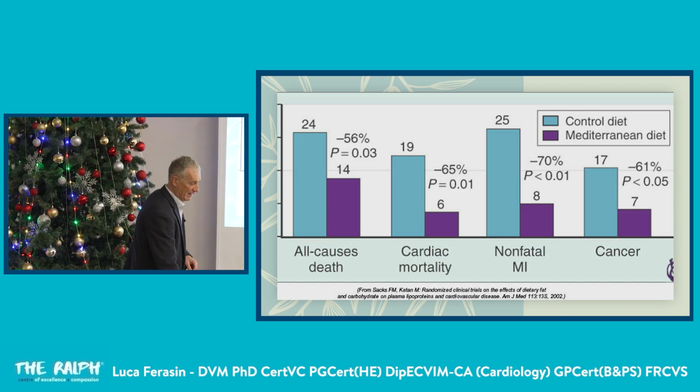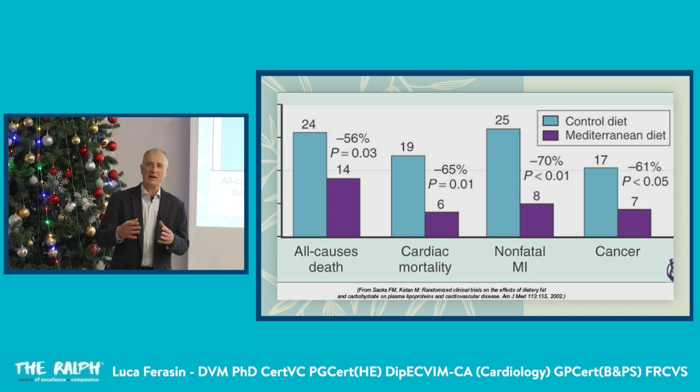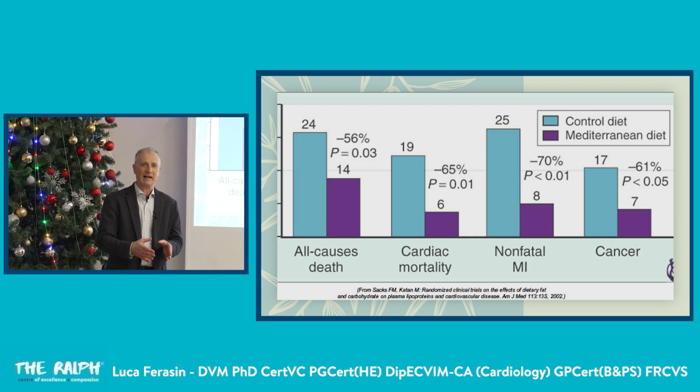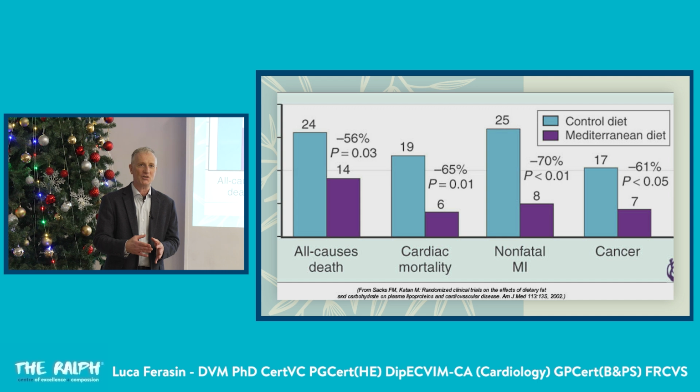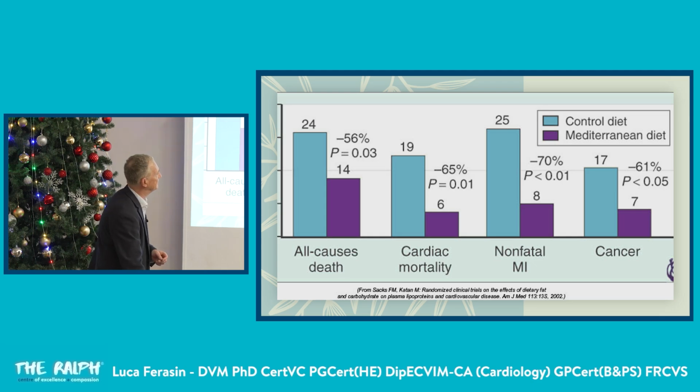So if we are affected by a cardiac disease, our cardiologists now, following the guidelines of the American Heart Association and American College of Cardiology, will suggest to have a fish meal at least 3 times a week. And if we don't like fish, we can get the capsules, which mask the taste.